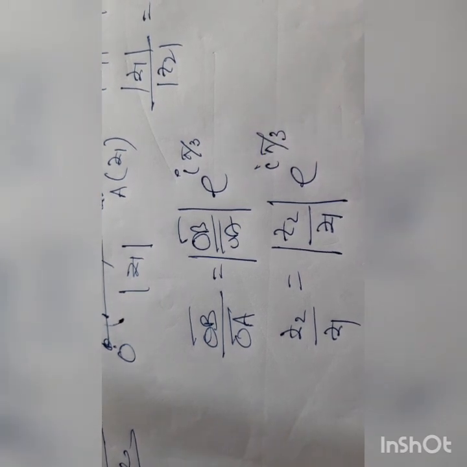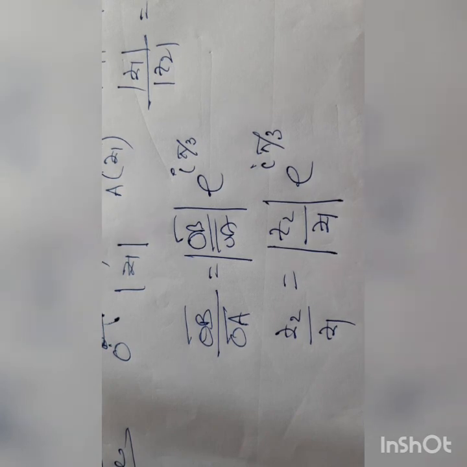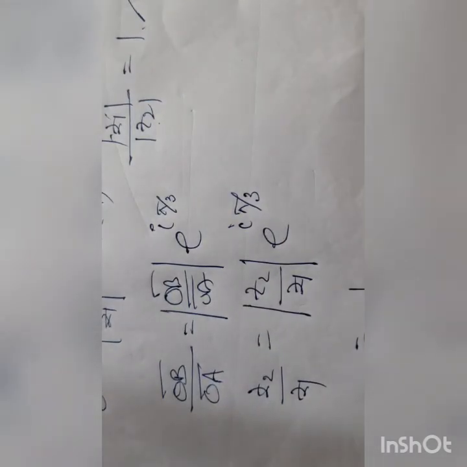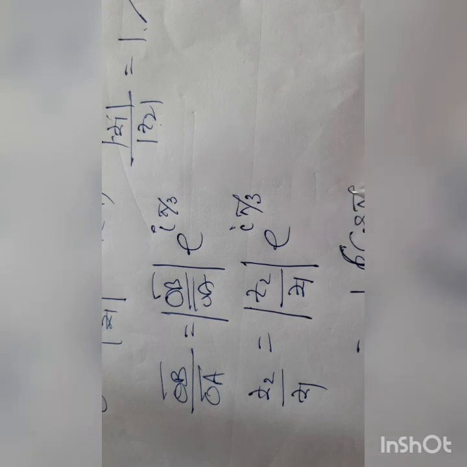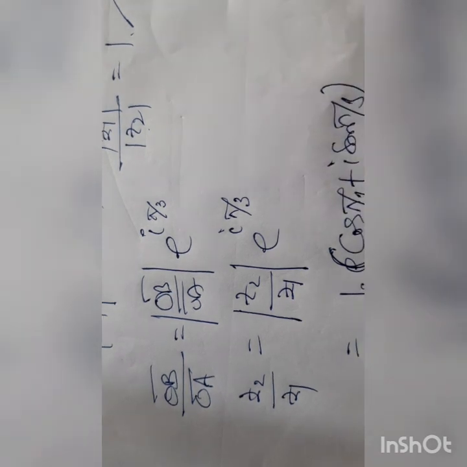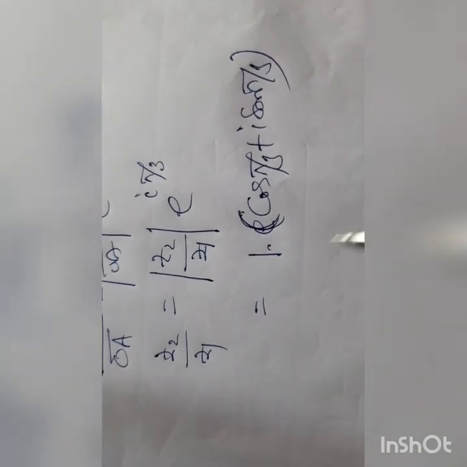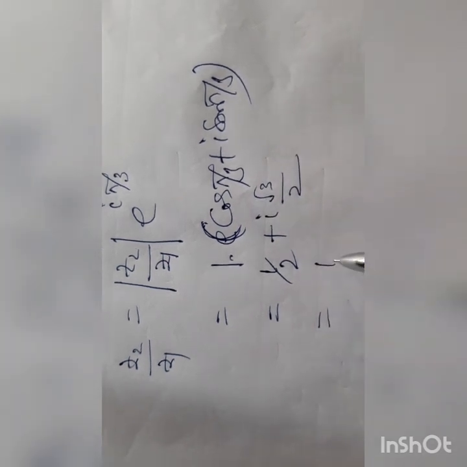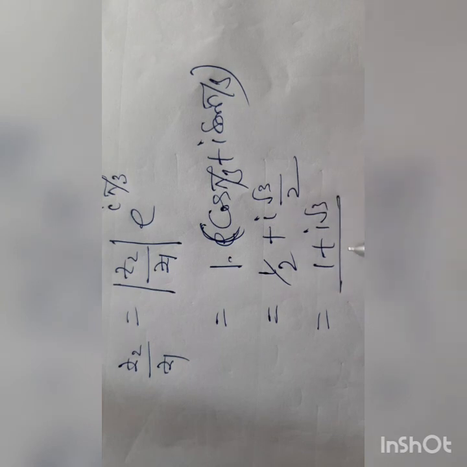So now, because mod Z1 by Z2 equals 1, this is 1 into e power i pi by 3, which means cos pi by 3 plus i sin pi by 3. What is cos 60? 1 by 2 plus i into root 3 by 2. It is nothing but 1 plus i root 3 by 2.